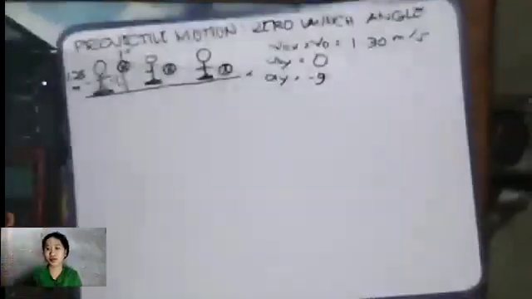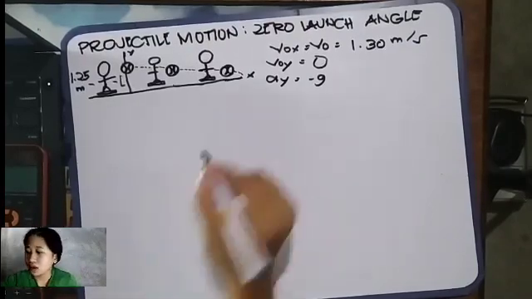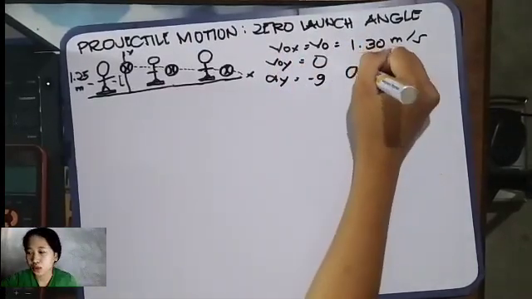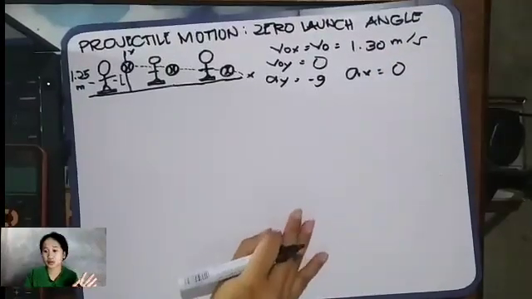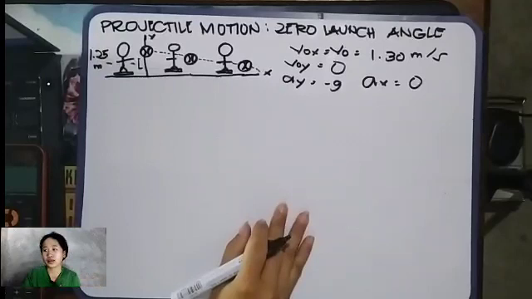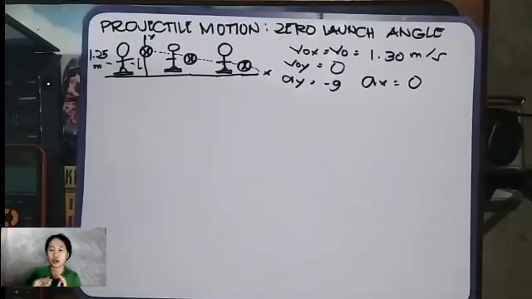Pababa yung pagbagsak ng ball. So, pa-vertical. Then, yung A sub X natin is equals to 0 since wala namang acceleration or force na nangyari sa pagbagsak ng ball. Hindi mo naman binaksak yung bola na pa-horizontal, di ba? Pa-vertical. So, kaya siya nag-0.